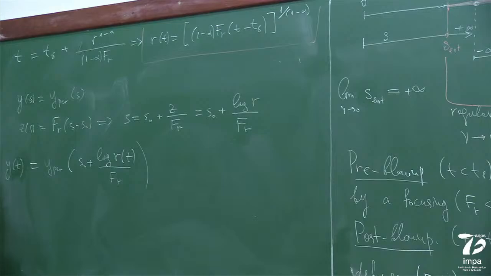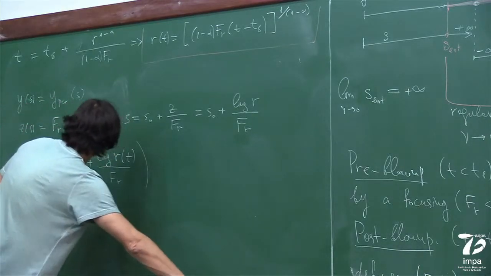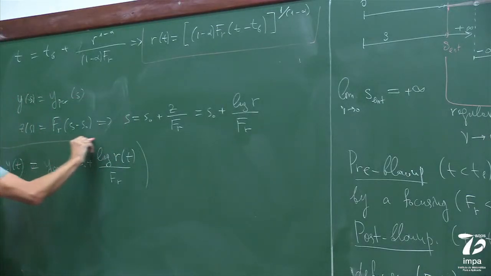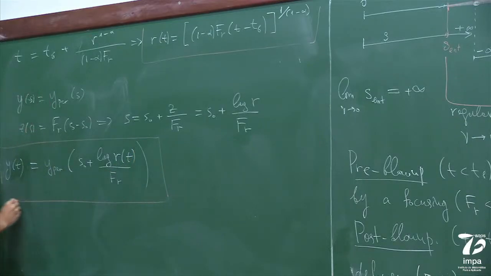So this is the second piece. So the final solution will be that x of t is r of t times y of t. And this is the end.